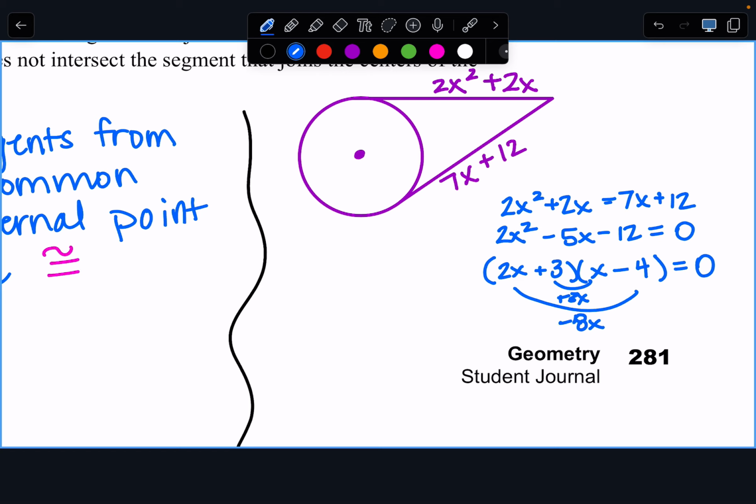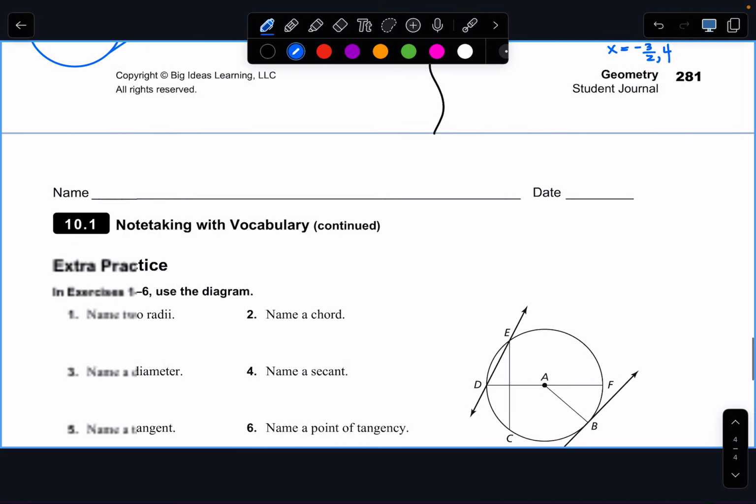Never mind. Yes, you can. It is not positive. Okay, so turn to the next page.